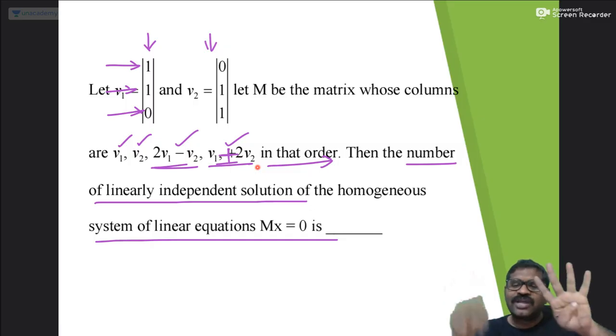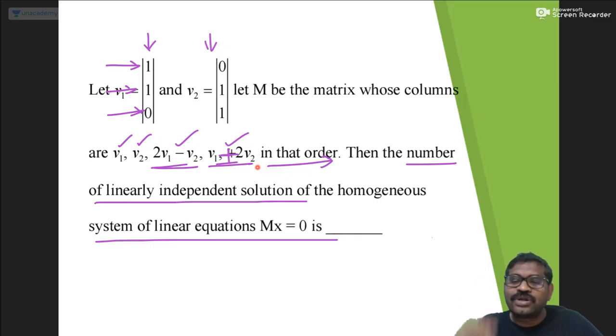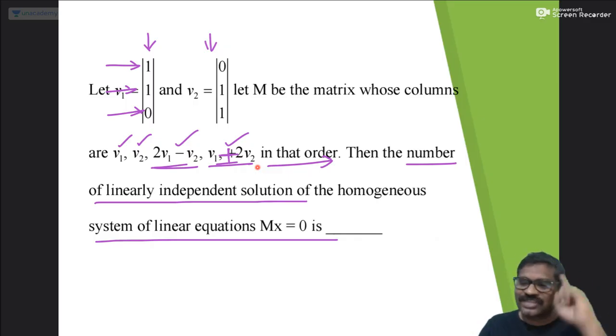Total 4 columns means 4 variables in your system. Rank of matrix M is 2. Therefore, the difference is 2. Rank is 2, number of variables are 4. Nullity is 2. So the answer is 2.